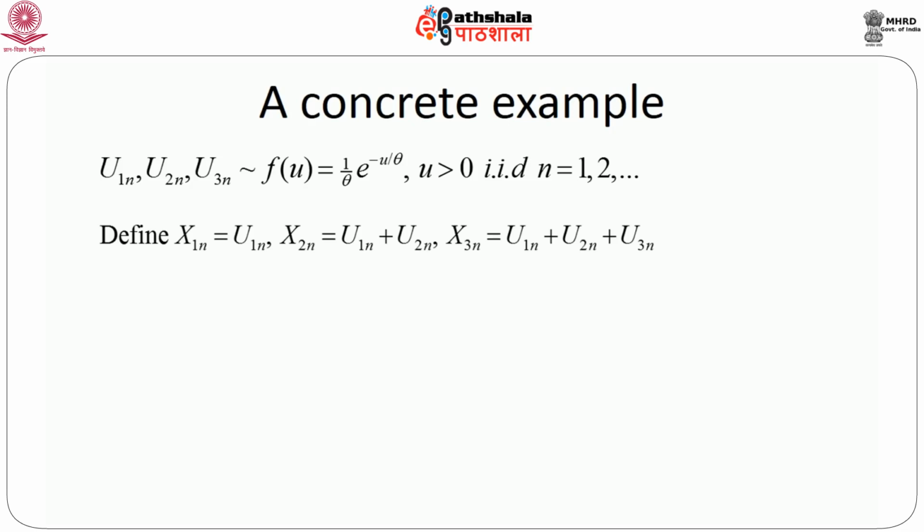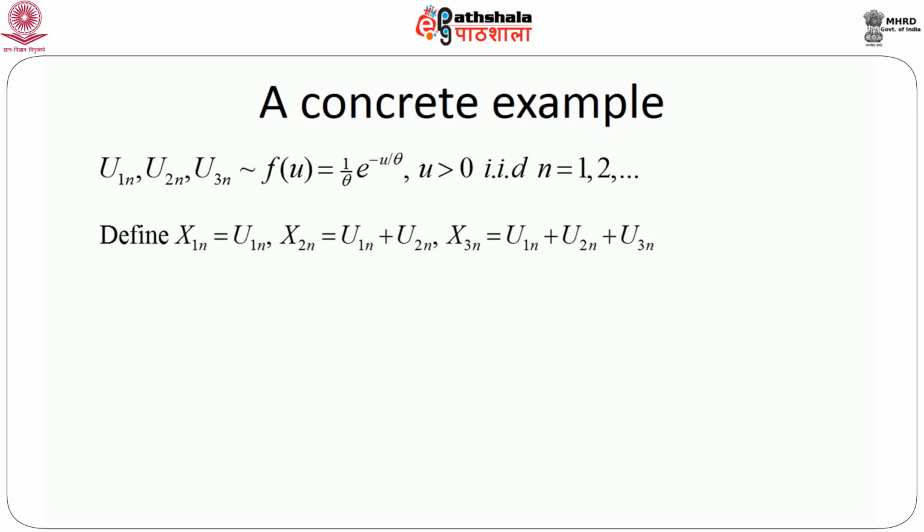But these are all univariate random variables. Now, from here we will first define a proper multivariate distribution of a sequence of random vectors, and then we will see how the convergence can occur.